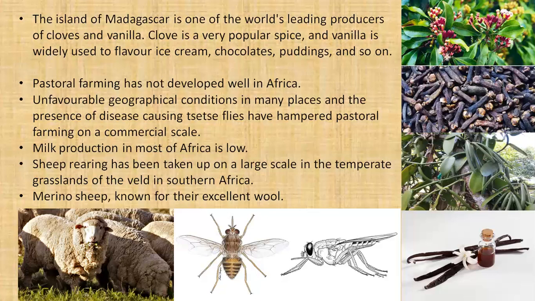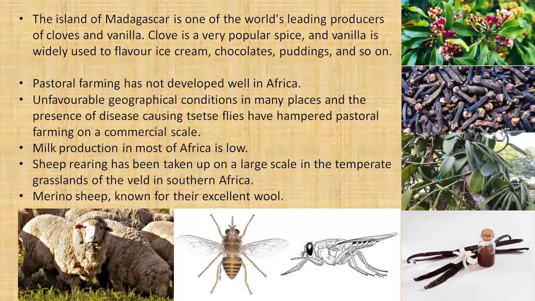Sheep rearing is one of the important pastoral farming activities we can find in Africa, especially in South Africa. The main variety reared there is the merino sheep, which is very well known for its wool.